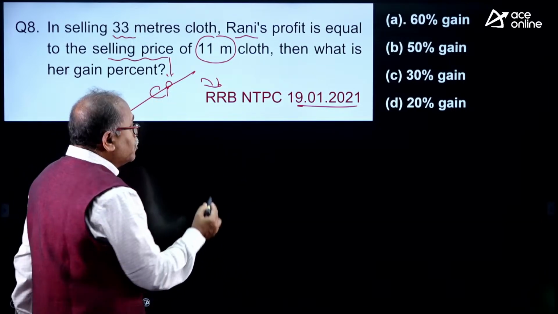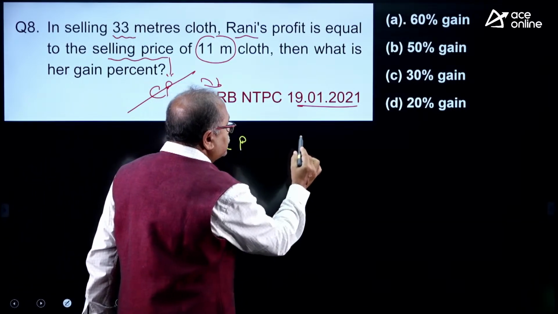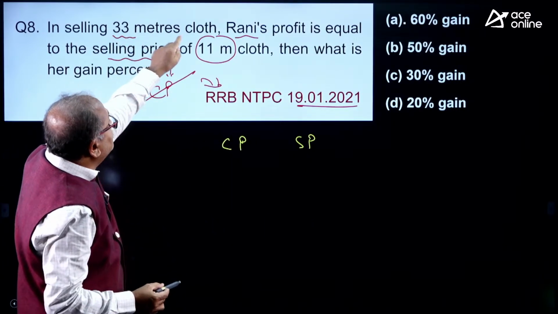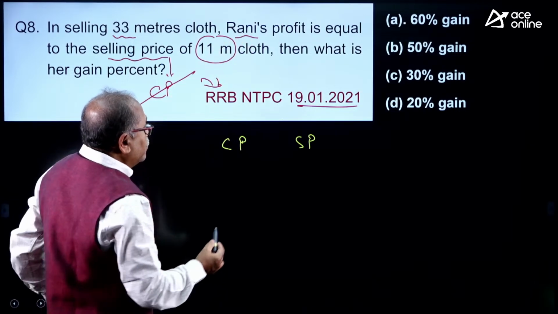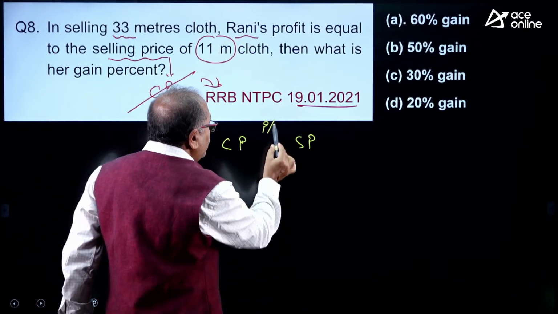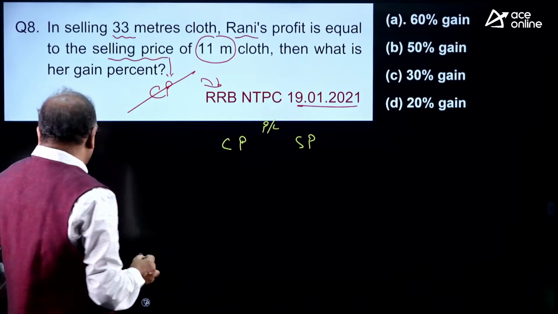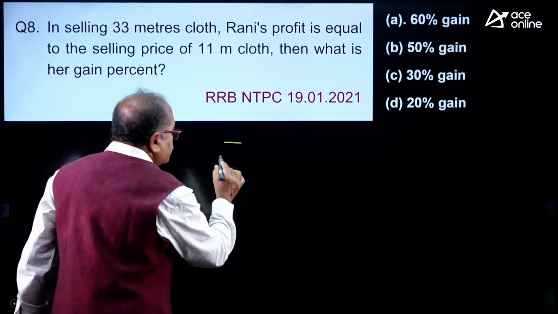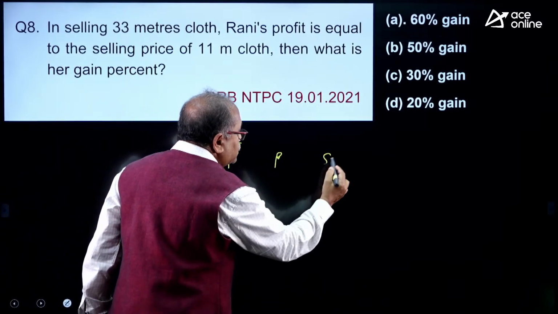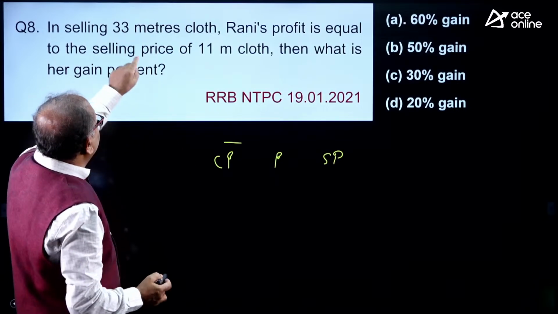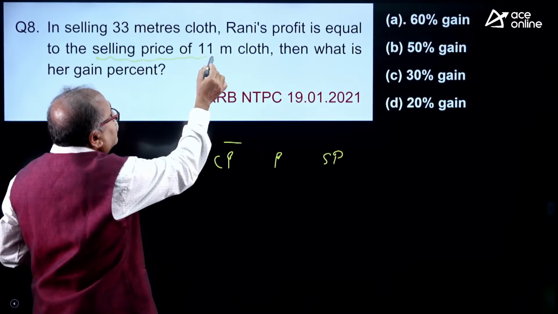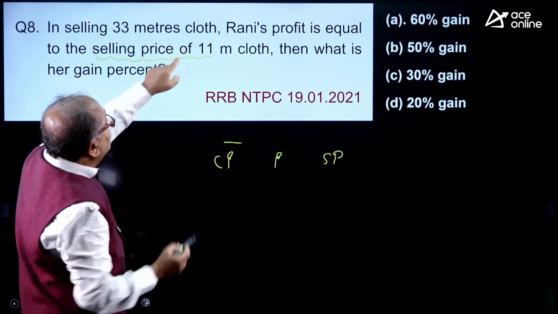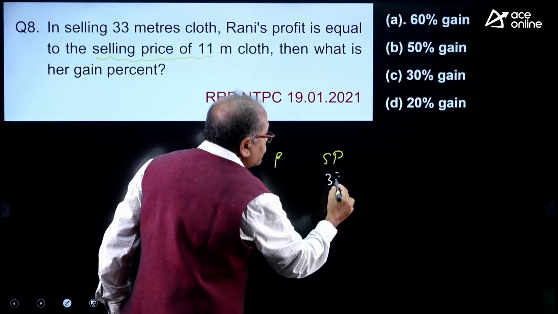So, what is the flow over here? That is cost price, then comes selling price. So, it is said that by selling 33 meters of the cloth, now in between there will be a profit or a loss. So, in this case there is a profit. So, I will be writing in this way that this is cost price, then profit, and then selling price. And please understand that this profit is given on selling price. If the profit is given on selling price, then I will take the selling price as 33.